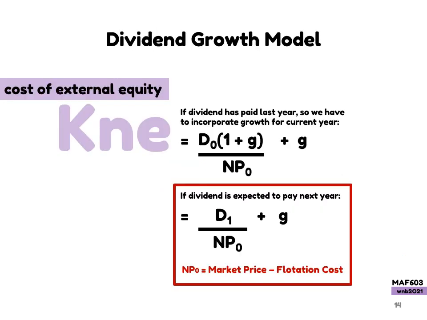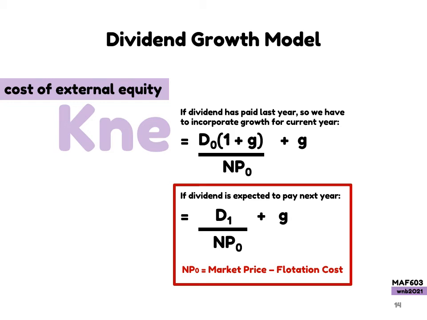Next, we want to look at the formula to find the cost of external common equity, KNE. Using the same model, the dividend growth model, KNE equals D0 times (1 plus G) over NP.